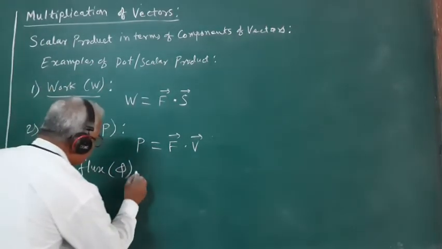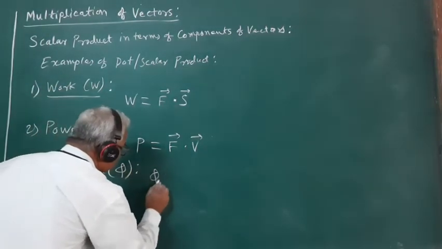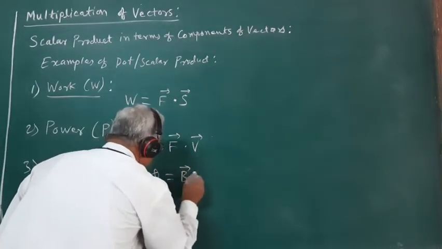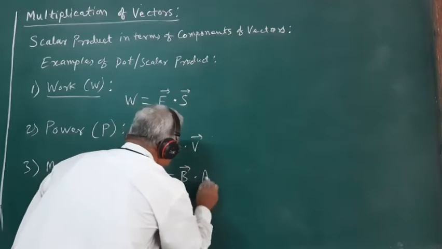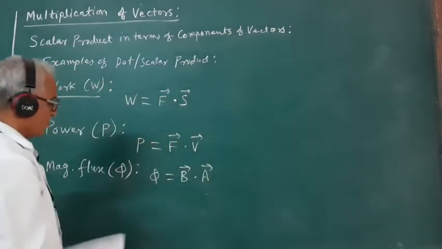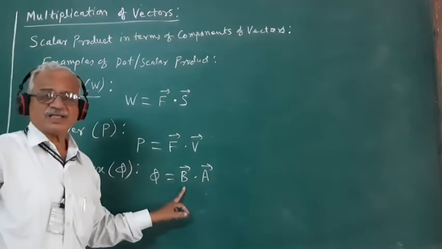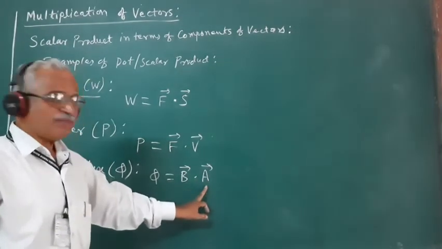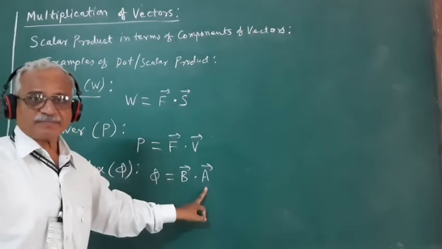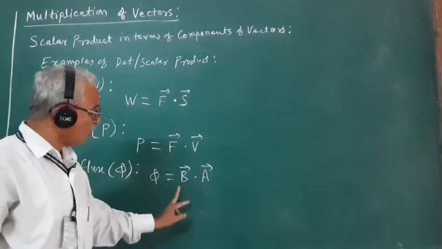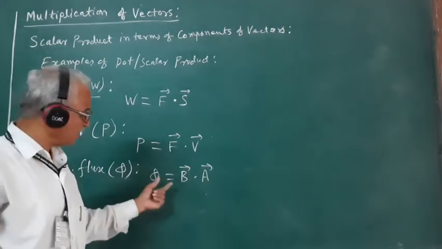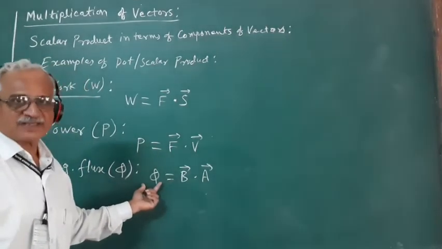Denoted by phi, this magnetic flux is expressed as the dot product of B bar and A bar, where B bar is the magnetic induction, a vector quantity, and A bar is the area vector, so that the dot product of these two vectors results in a scalar quantity called magnetic flux.